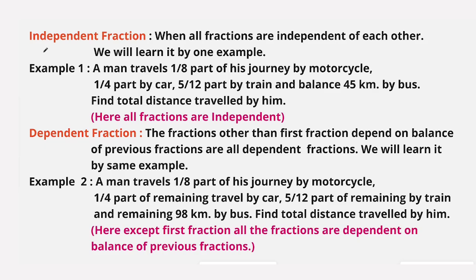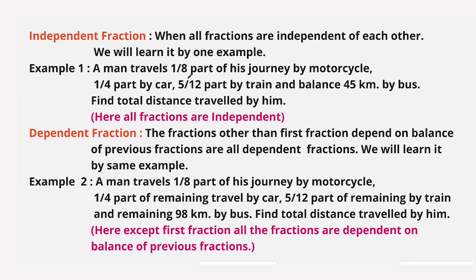Our next topic is types of fractions. The first type is independent fraction. When all fractions are independent of each other, we will learn it by one example. Example 1.